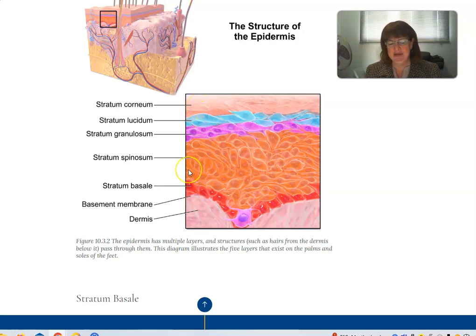Then there's a bunch of layers in between, and then there is the layer where skin starts called the stratum basale. And in this bottom layer, that's where mitosis is occurring. This is where the cells are dividing. So the cells divide and grow from this basement layer, this basale layer. And then as they grow, they push up.